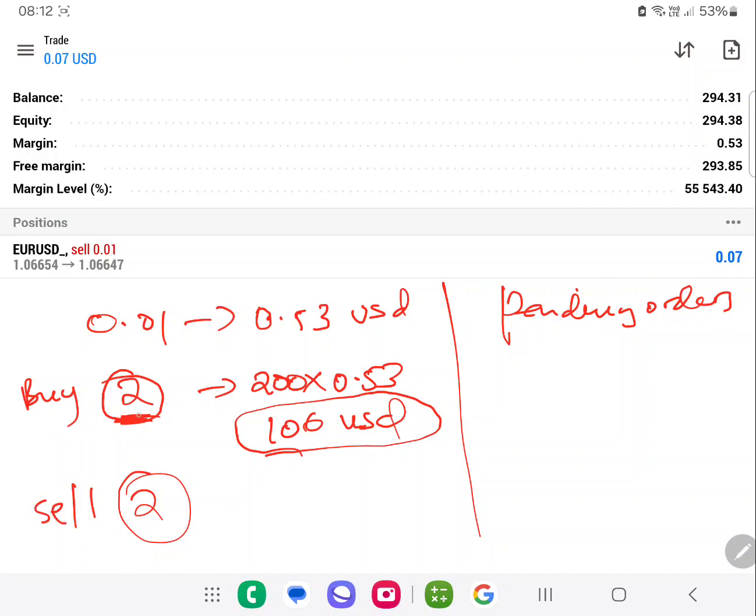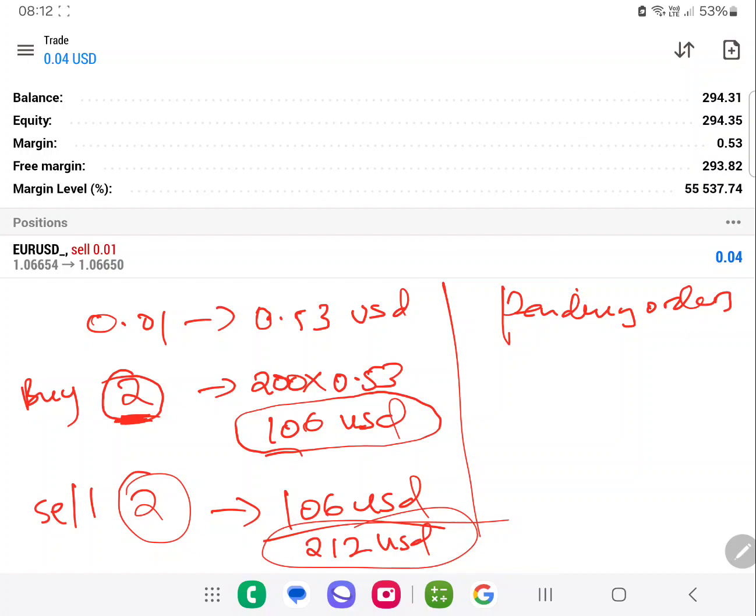Even though one of them is going to be triggered, you still need this margin again for this pending order to go through. So in a nutshell, you need 106 times 2, which translates to 212 US dollars. So if you have a balance of 212 US dollars, you can use a lot size of 2.